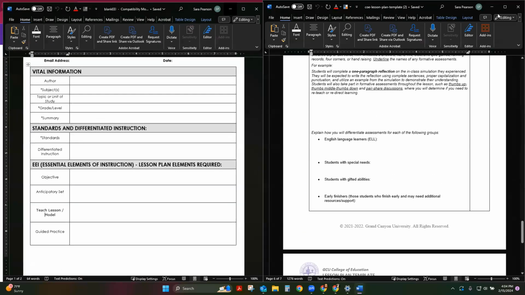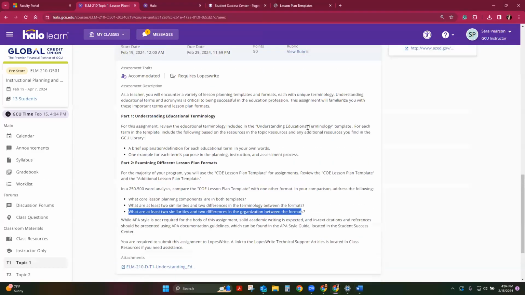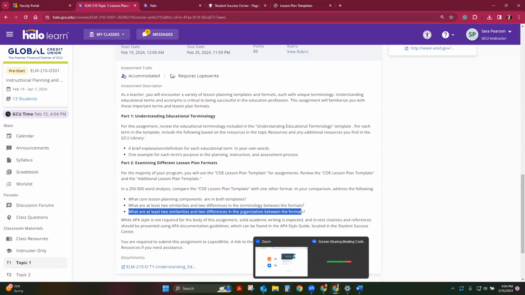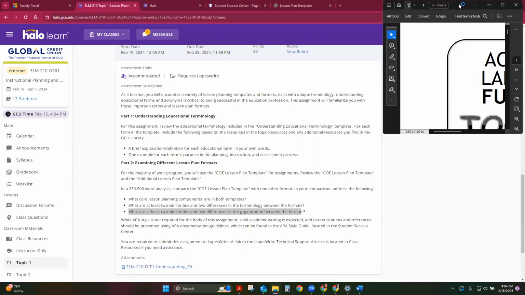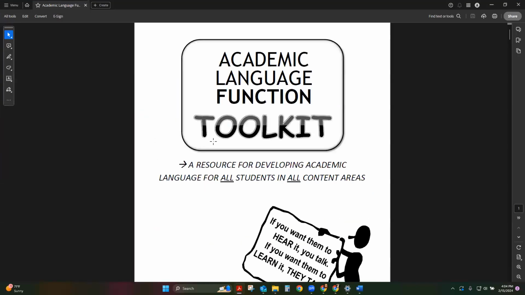So I've included in the announcement a guide that talks about comparing and contrasting writing, just to give you a little background information on how you can write a comparative essay. I'm going to open that up real quick just to show it to you. It's called the Academic Language Function Toolkit.